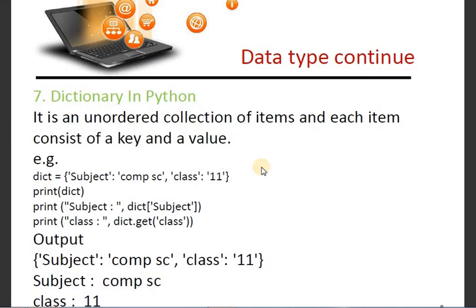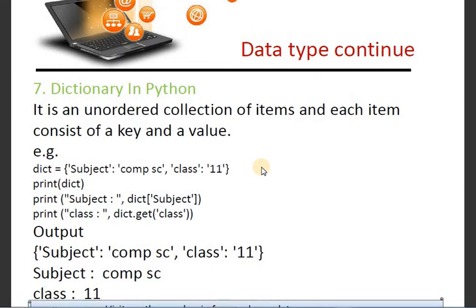Now dictionary. This dictionary contains two kinds of values. One is the key and another is the associated value of that key. For example, this is how to represent the dictionary within curly braces.